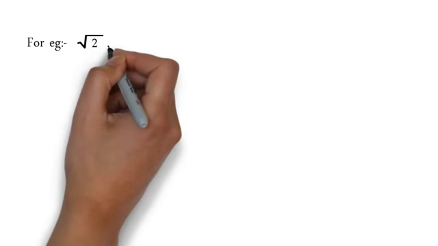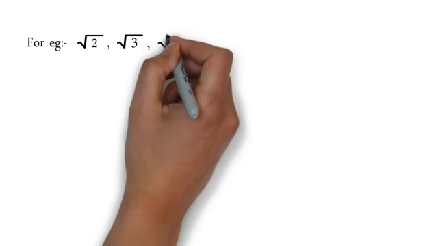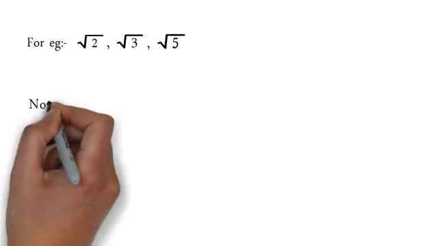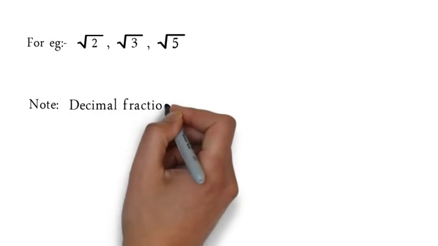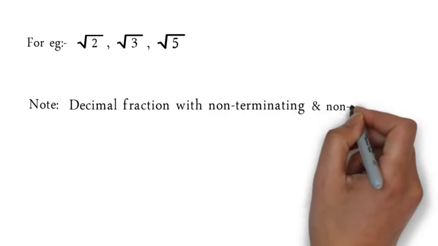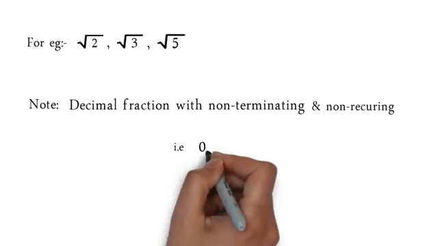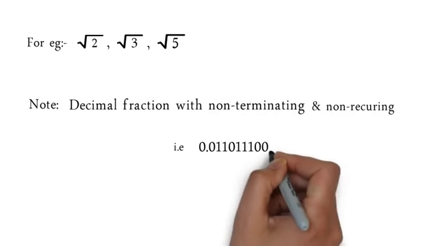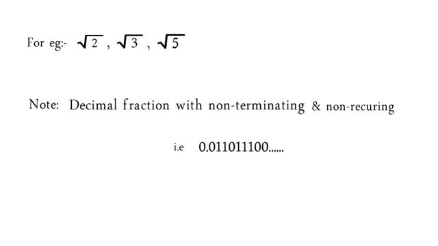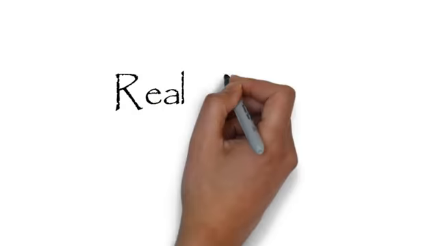For example, square root of 2, square root of 3 and square root of 5. Note: decimal fractions that are non-terminating and non-recurring, that is 0.011011100 and so on. Now we will start with our actual topic, real numbers.